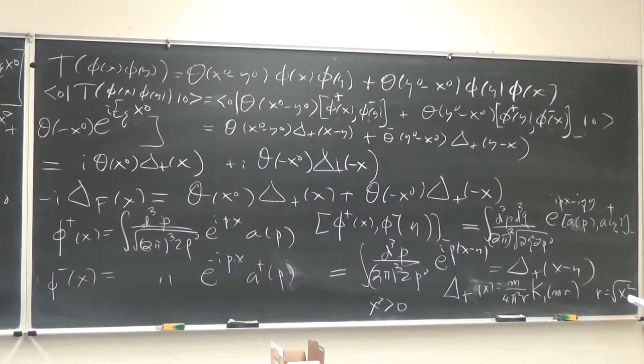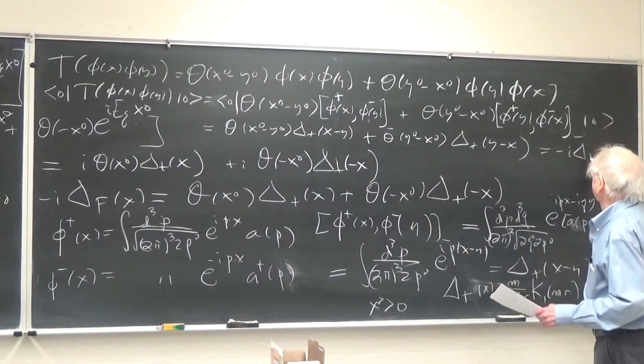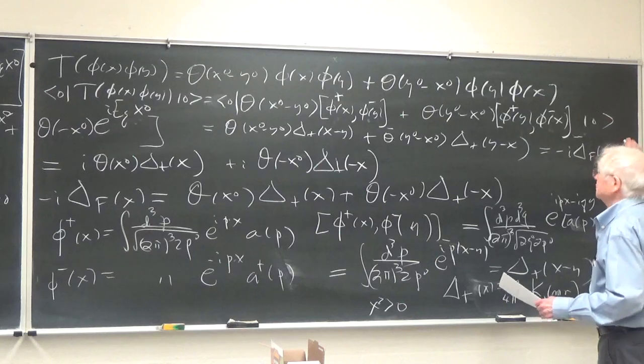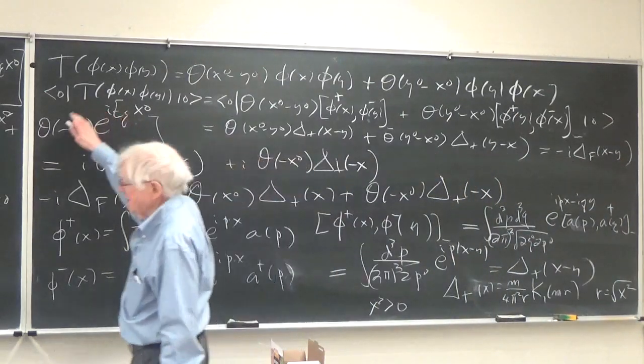Okay, well that's it. That is what we call minus i Delta_F of x minus y, and this is the Feynman propagator.